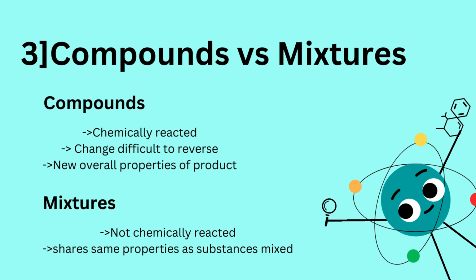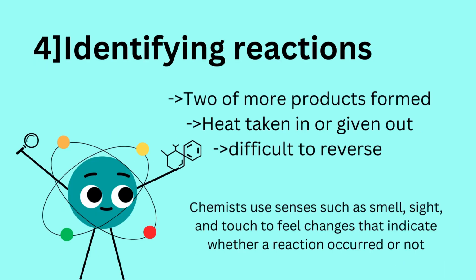Now, I mentioned reactions, reactants, and products, and it is important for chemists to understand whether a reaction is taking place or not. And there are several signs and hints that tell us whether a reaction is happening or it has stopped.